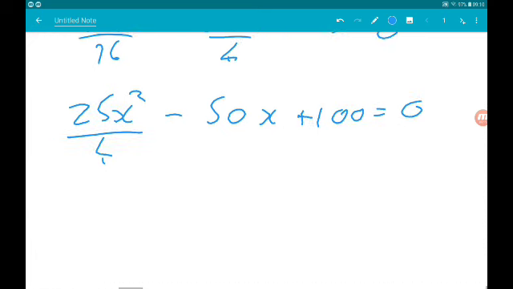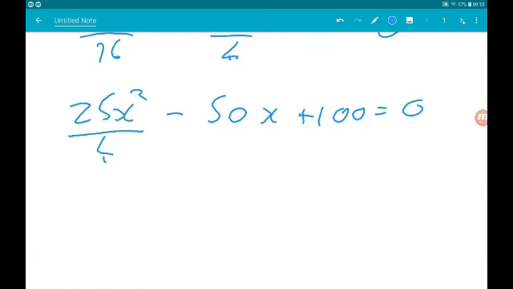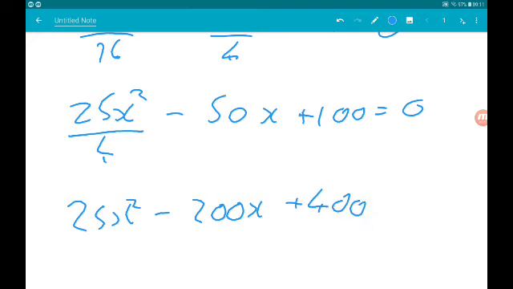Multiply through by 4 again: 25x² - 200x + 400 = 0.